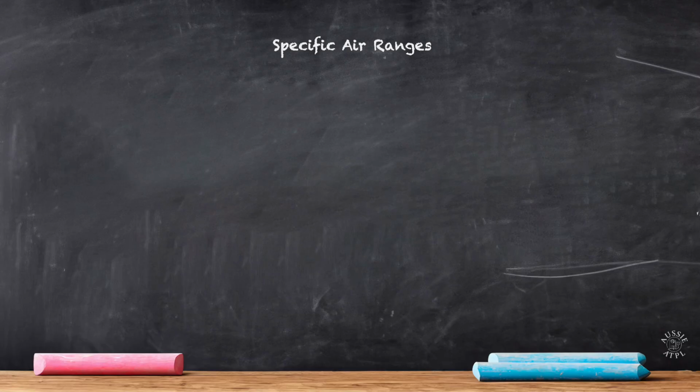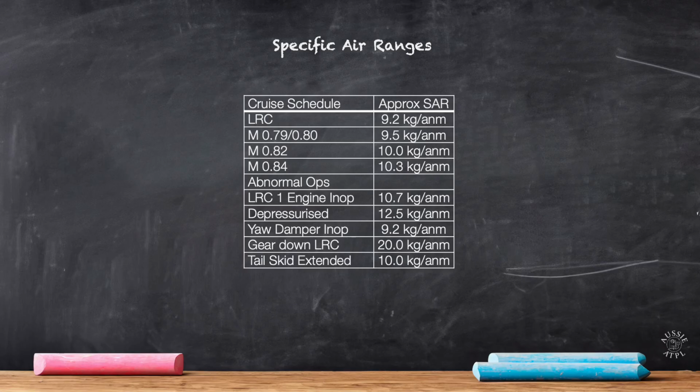Now to get our landing data, we have to have a landing weight. So to get a rough landing weight here, as the route is reasonably short and we're taking off quite heavy, you can safely presume we'll be using the landing data for 70,000 kilos. However, if you're unsure, you can use rough fuel figures. These are specific air ranges that I use for all my questions, either normal and abnormal ops.